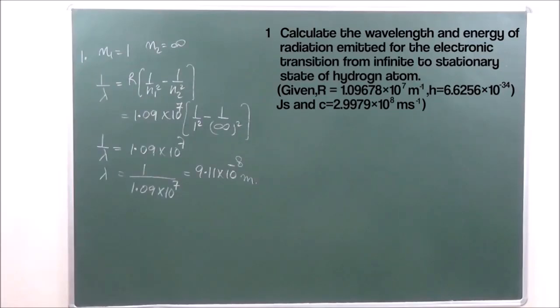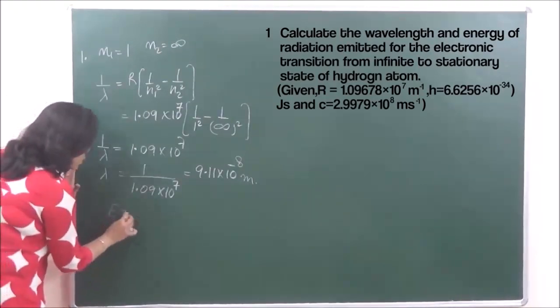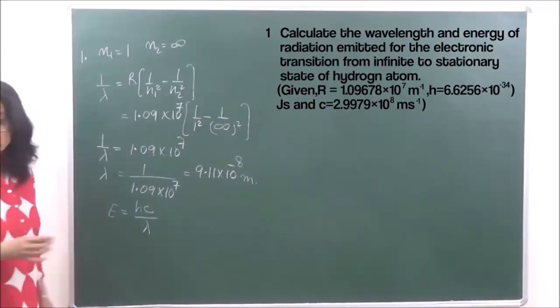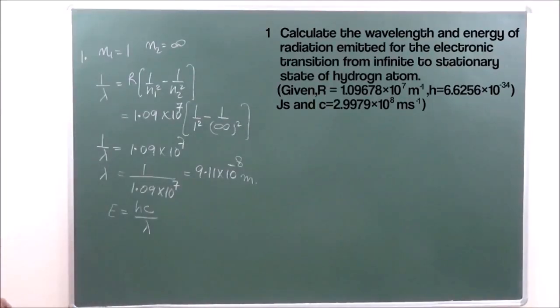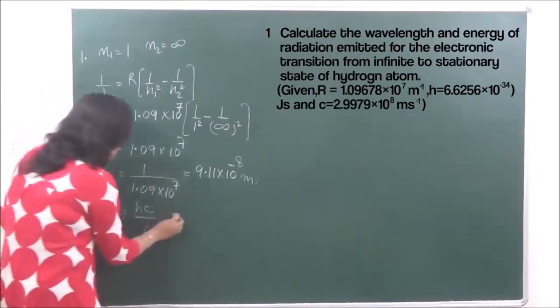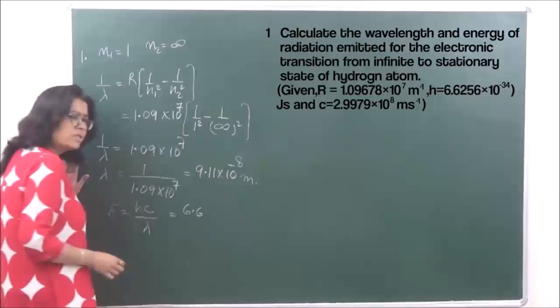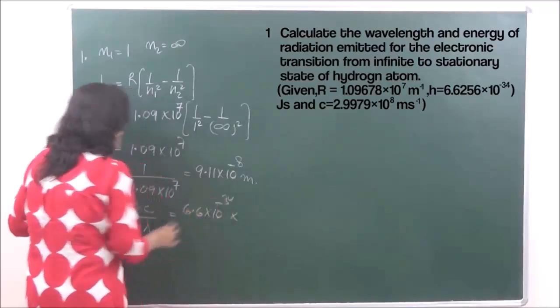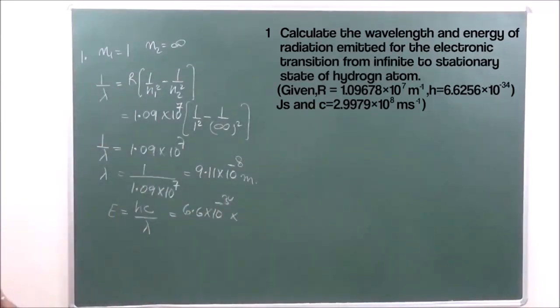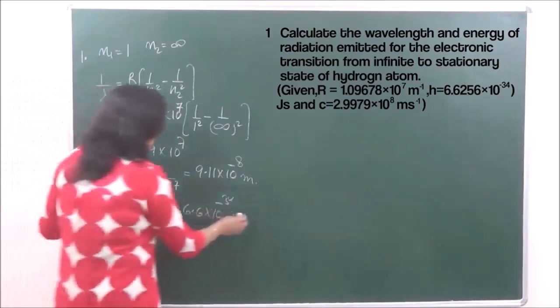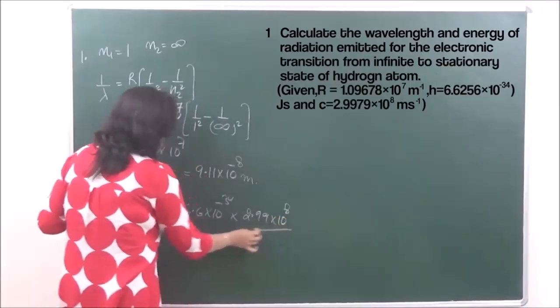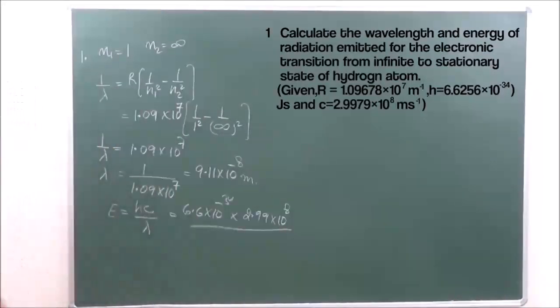Then the second part of the question is that we need to calculate energy. We know that energy is equal to hc upon lambda. The value of h given to you in the question is 6.6256 into 10 raised to the power minus 34. So we can take it approximately as 6.6 into 10 raised to the power minus 34. Velocity of light is given as 2.99 into 10 raised to the power 8, upon the value of lambda.